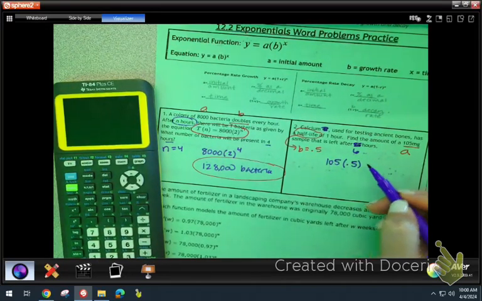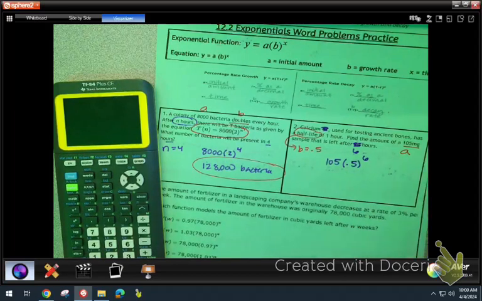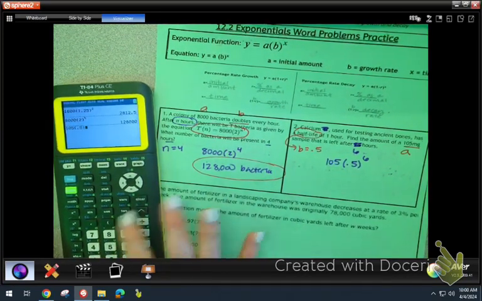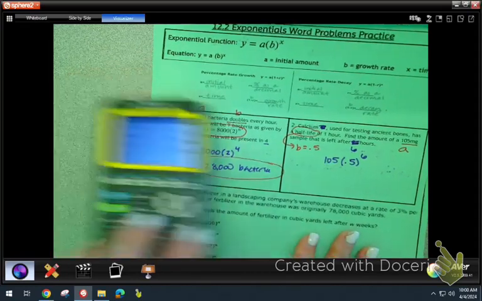And then how long? 6 times, because it's cut in half every hour. So if it's 6 hours later, that means it's been cut in half 6 times. 105 times 0.5 to the 6.